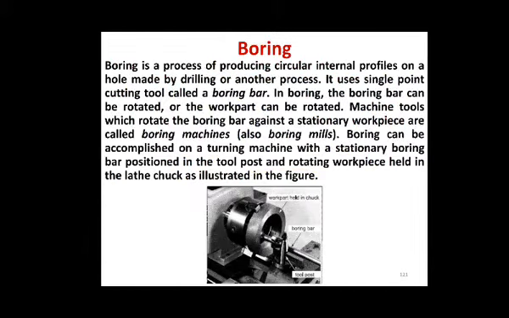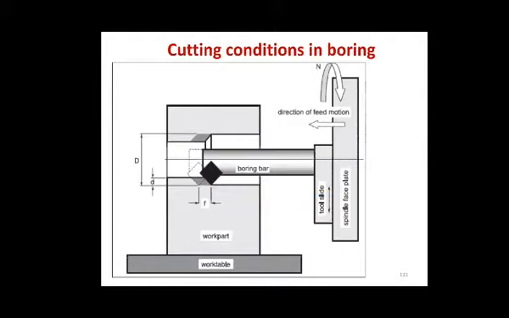Okay, so boring, we know that it is the process of producing circular internal profiles on a hole made by drilling or another process. It uses a single point cutting tool called a boring bar. In boring, the boring bar can be rotated or the work part can be rotated.